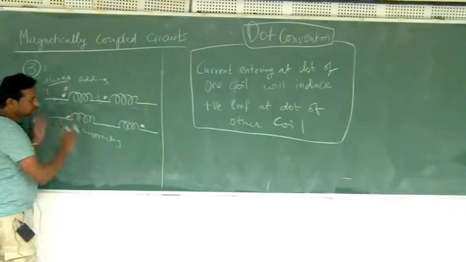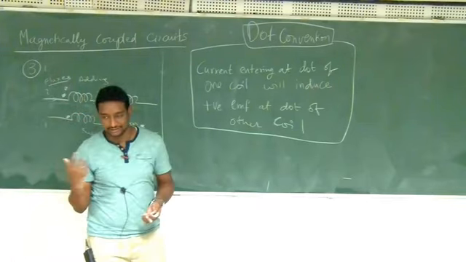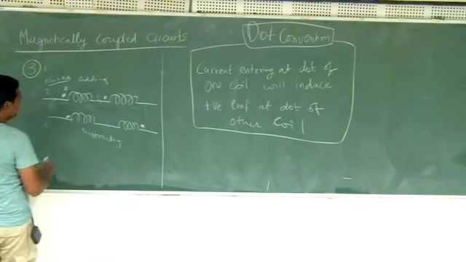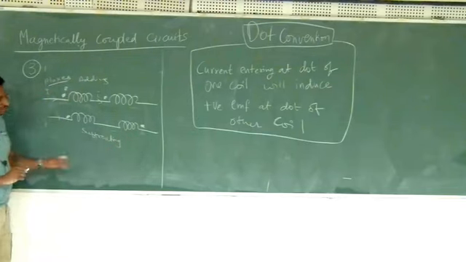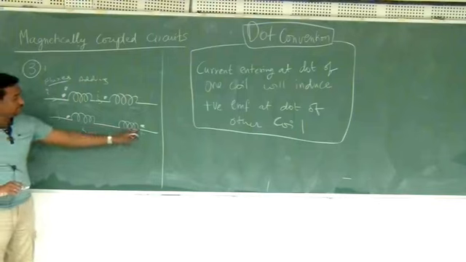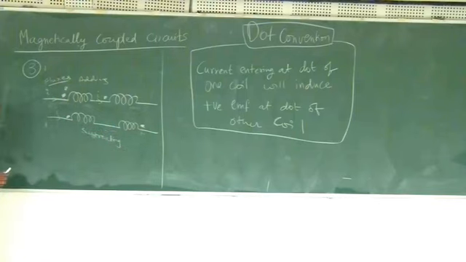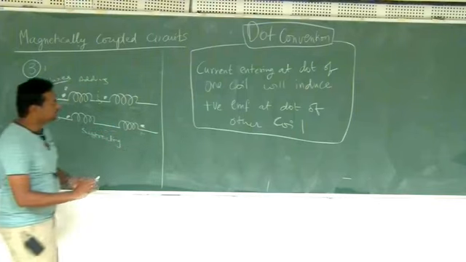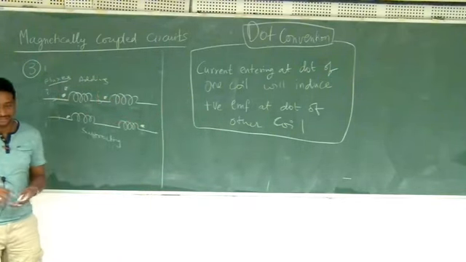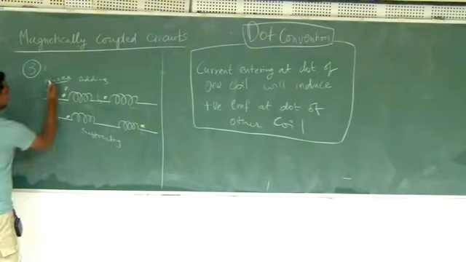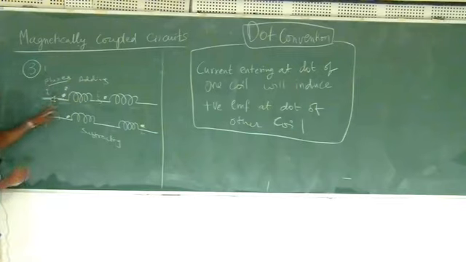Anyway, you will see the example problems later on, how the dot convention is used and all. And this one also, if the current is entering here, the voltage will be plus here and minus here, because wherever the dot it is entering, plus you have to keep it. So I don't want to confuse you, but suppose in a particular circuit diagram, you notice that the current is like this, leaving the dot.